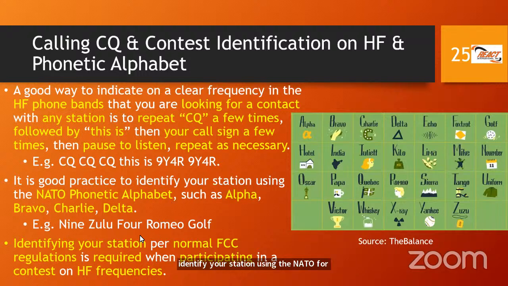On your right-hand side here, we have the phonetic alphabet. It's very good to learn. Highly recommended. I will say almost a necessity as a ham to learn this. You can start Alpha, Bravo, Charlie, Delta, Echo, Foxtrot. Passing a store, you can spell out the name of the store.